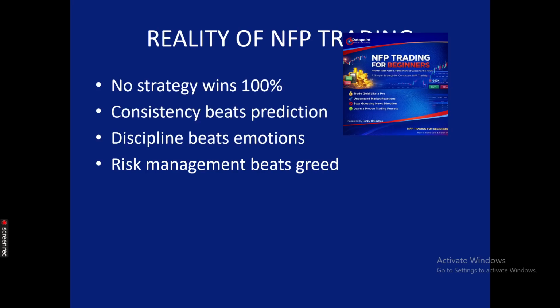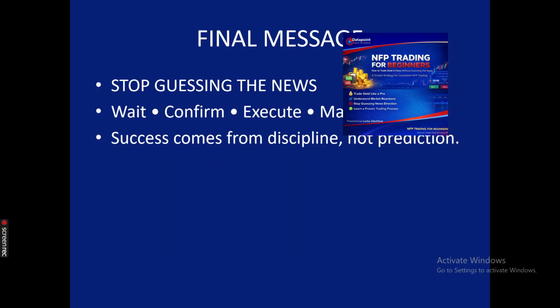So always follow all those systems to be sure that we know what we are doing. And risk management beats greed. Remember, I said it over and over. So don't over risk. And when you see profit and you're okay with the profit, take your money. That is why we always say 1 for 2. If you risk $100 and it's giving you $200, leave the market.